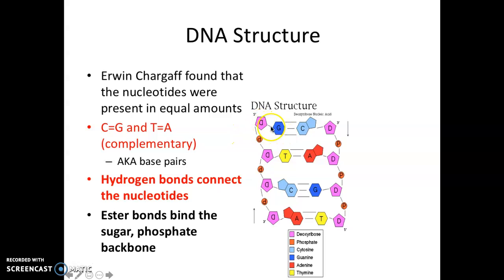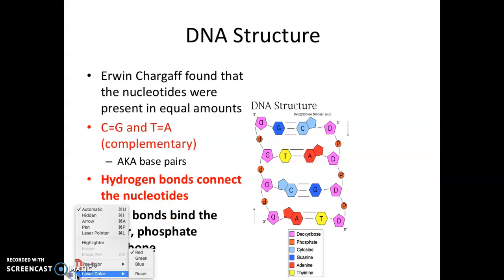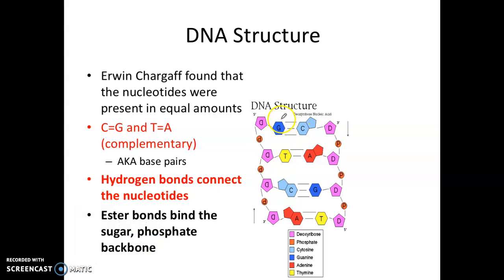So here we have one side of a DNA strand. This is one nucleotide, another nucleotide, another nucleotide. Guanine is on one side. It's always going to match up with a hydrogen bond with cytosine.